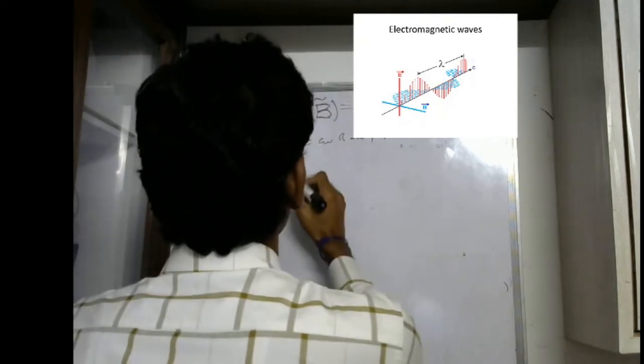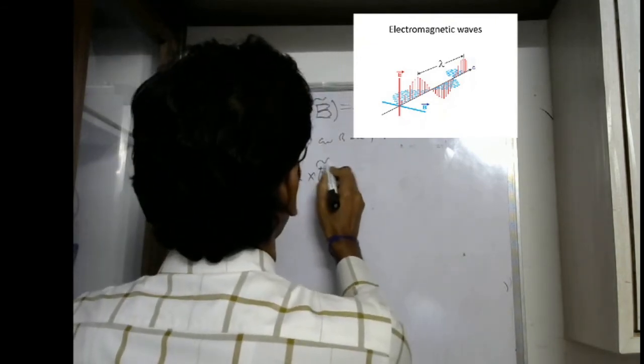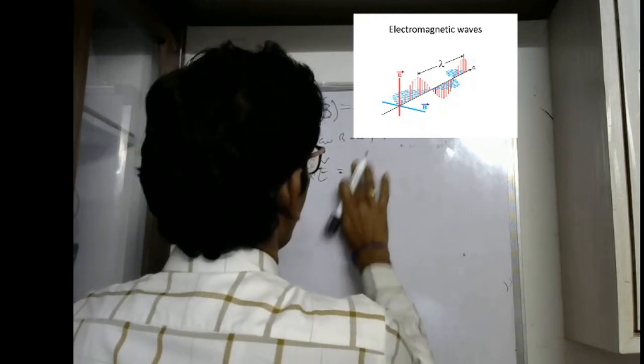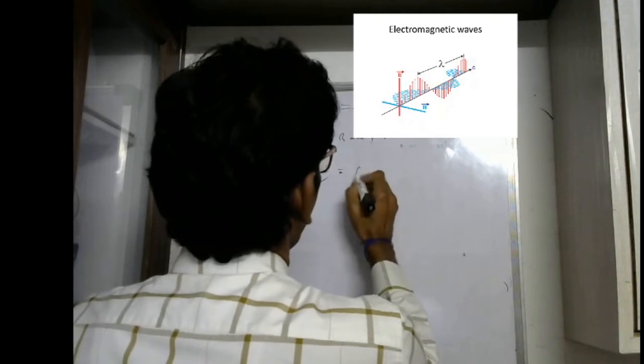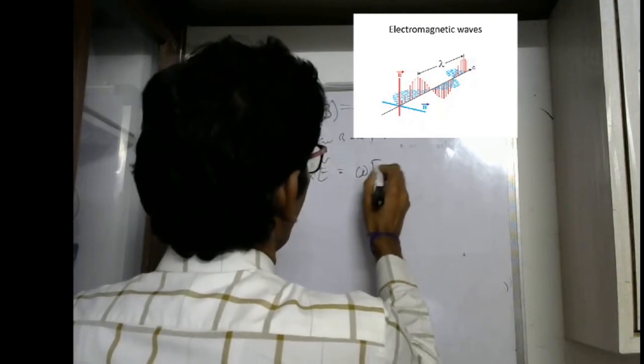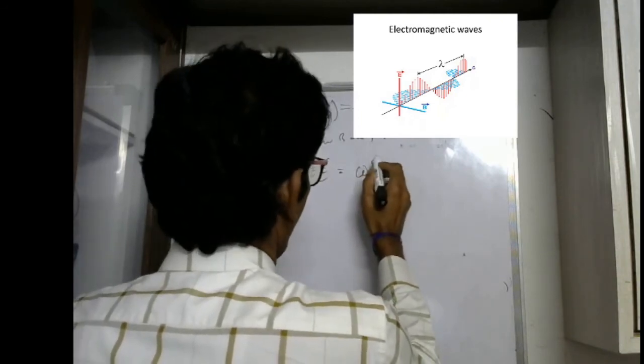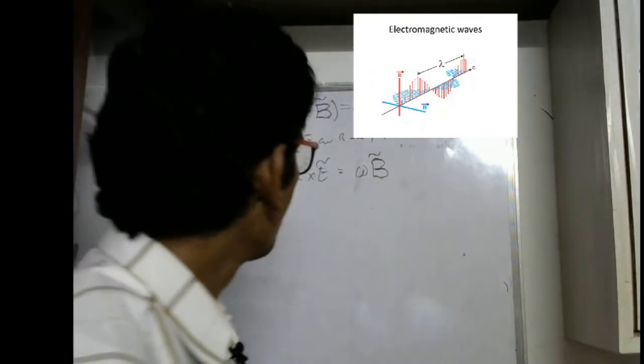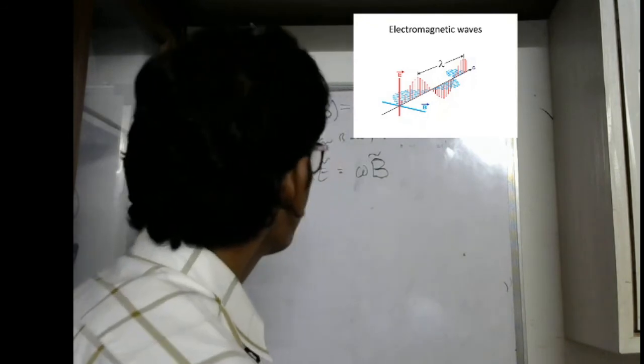What is that previous one? K cross E is equal to omega B, right?